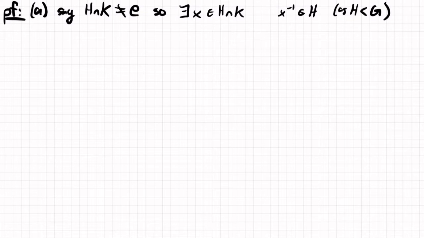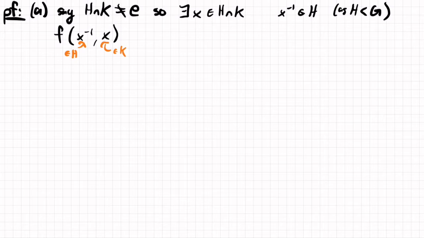So now I can say f of X inverse, X. And so this guy is in K because it's in both. This guy is in H because H is a subgroup, and it also has to be in both, but we didn't even need to say that it was in both.